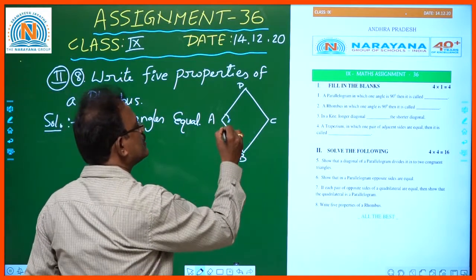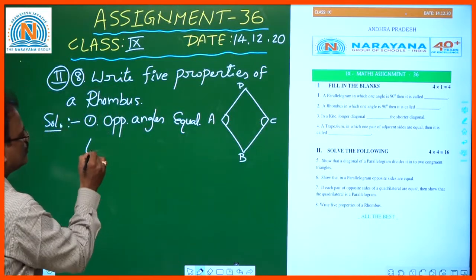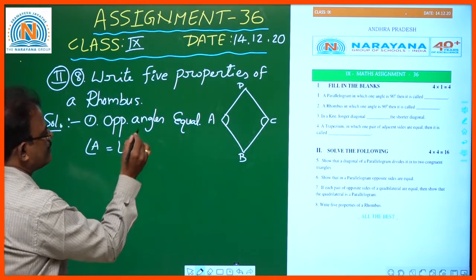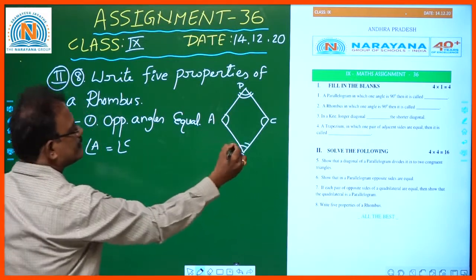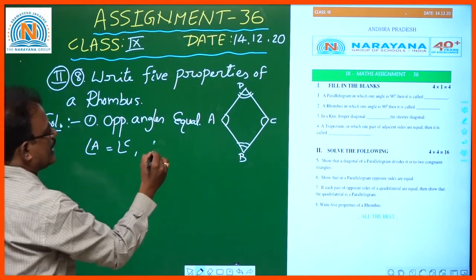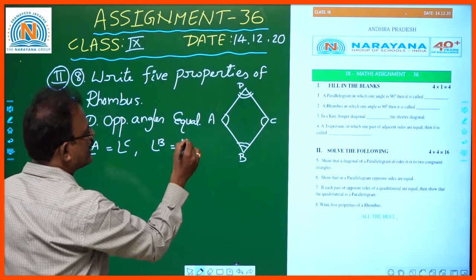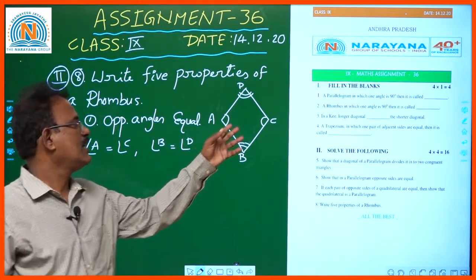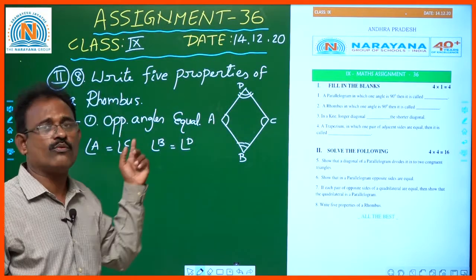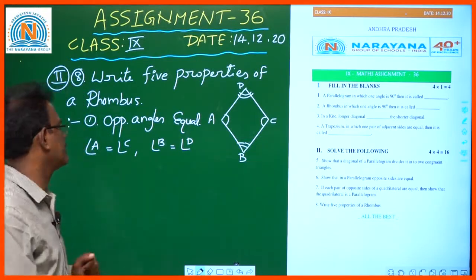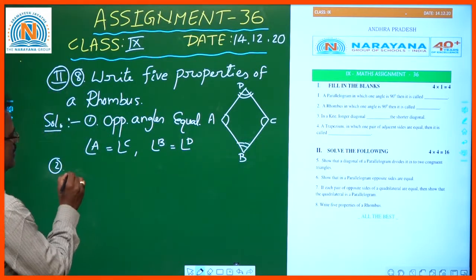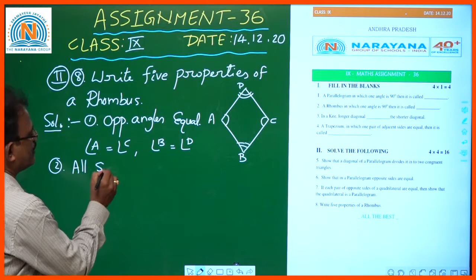That means angle A is equal to angle C and angle B is equal to angle D. If you see the diagram, out of these two pairs, one pair is acute angles and another pair is obtuse angles. And second one, all sides are equal.